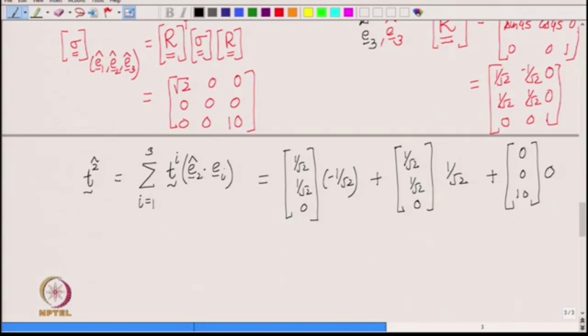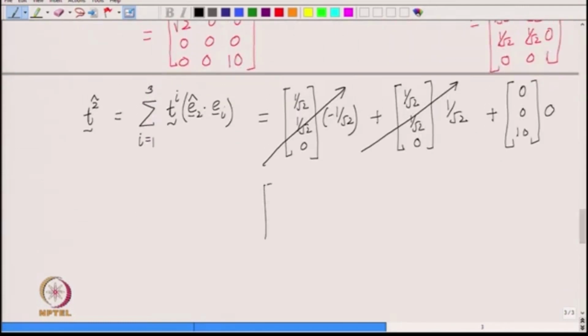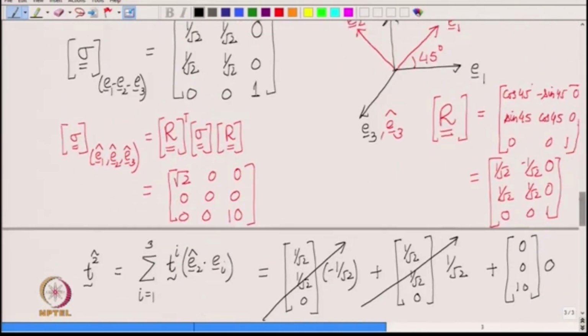So, R 3 2 is 0. Now, you sum all the entries, what do you get finally? See, these two cancel each other. So, finally, you get 0 0 0, and that is what you have found out here also, right. The second column is all 0. So, that is a verification.